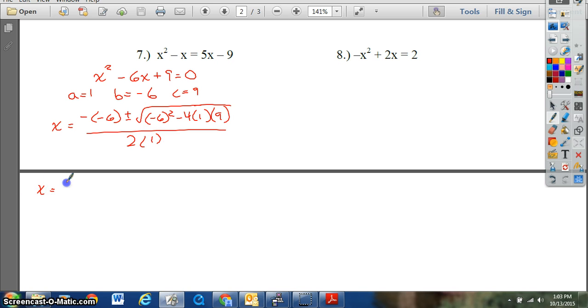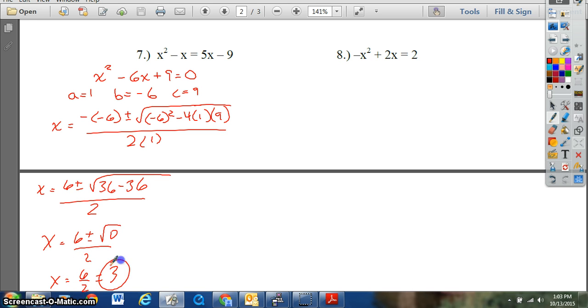So we got positive 6 plus or minus the square root of 36 minus 36. So it looks like the discriminant is 0, so we'll have one answer here. So we're looking at 6 plus or minus 0 is 6 over 2, which is 3. One solution. What's the square root of 0? 0. And 6 plus 0 or 6 minus 0 is 6. 6 divided by 2 is 3.